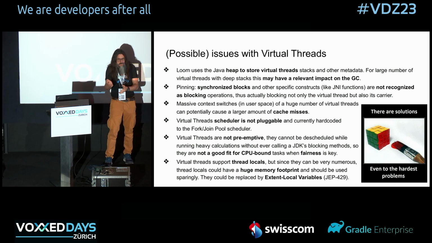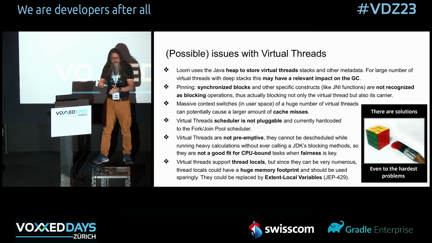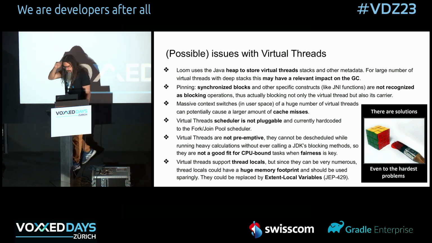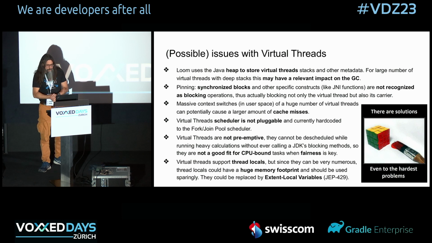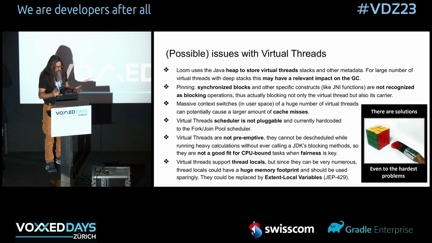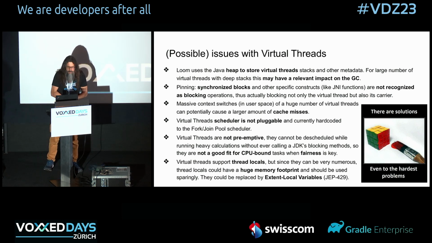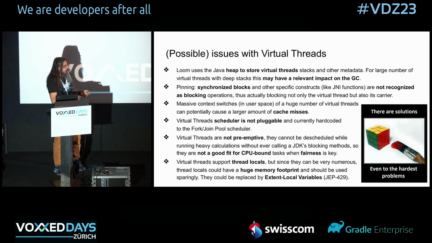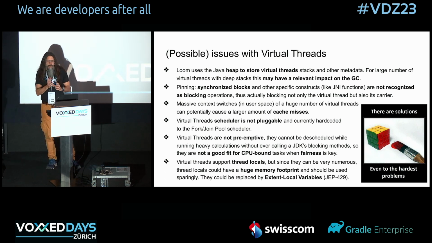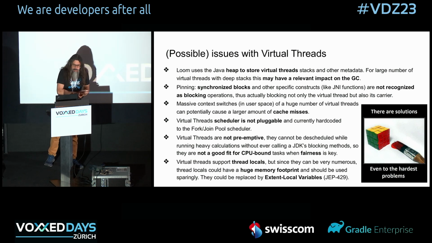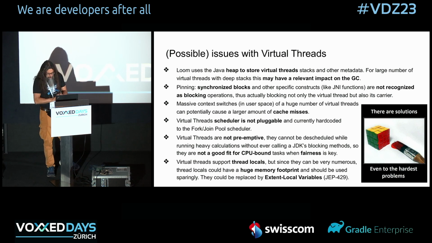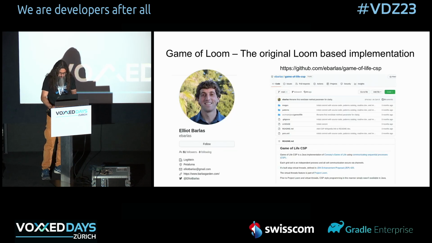And once again, if you have 1 million virtual threads, you have 1 million instances of the thread local object, one for each and every virtual thread, and this could fill your memory. Okay, there is a JEP for this, the 429, that will change a little bit the semantics of thread locals to work nicely with virtual threads.